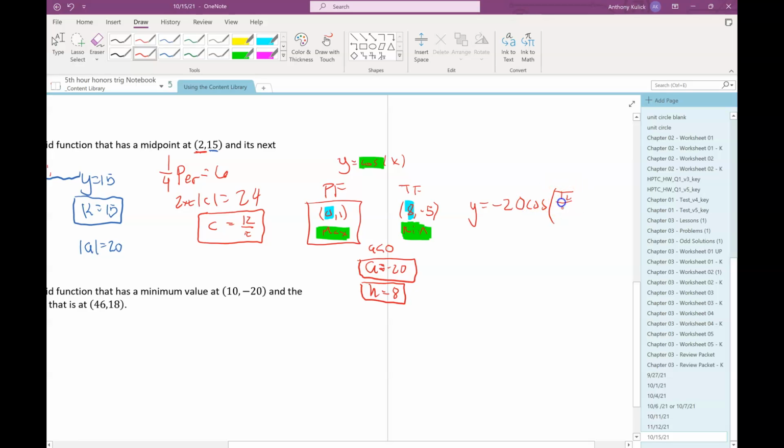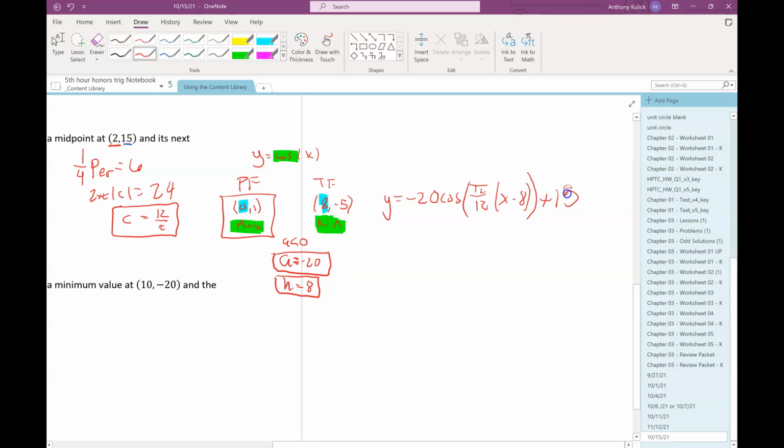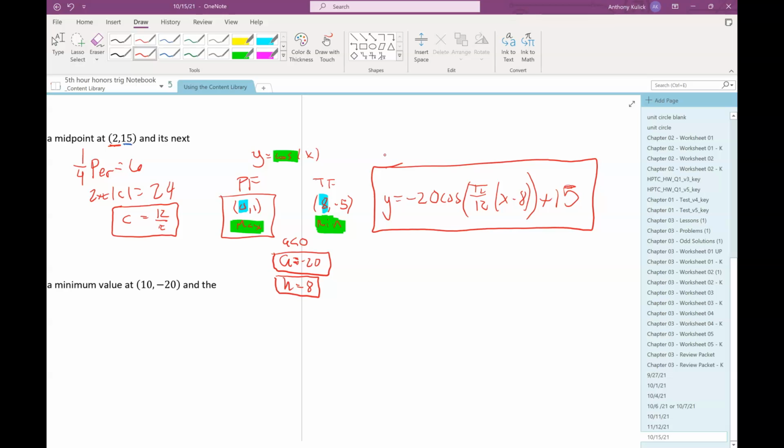So when we put it all together, this is one possible answer. Again, there's infinitely many of these, so you could have done lots of different things to get different answers.